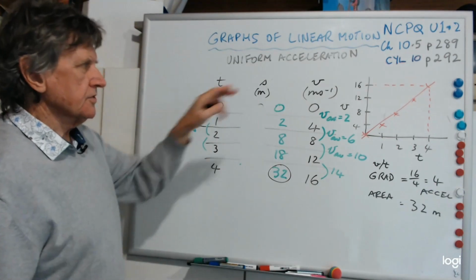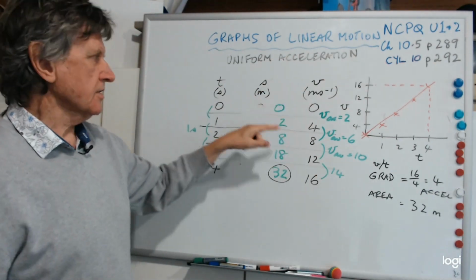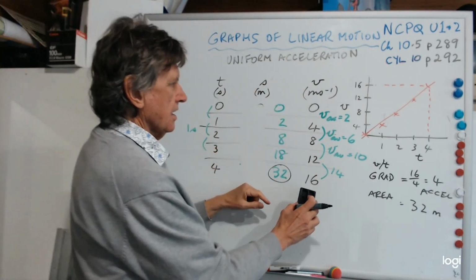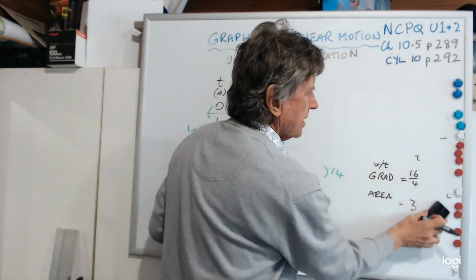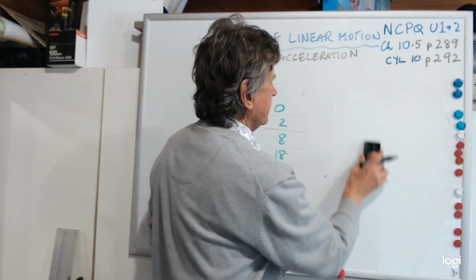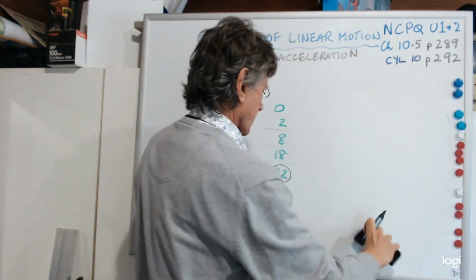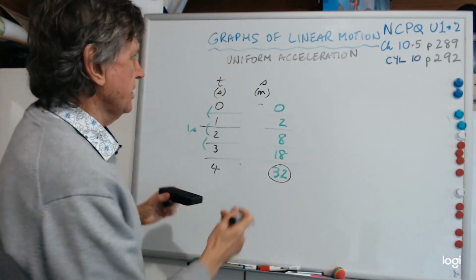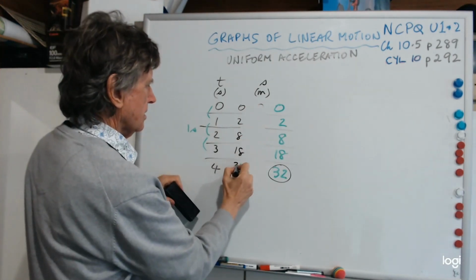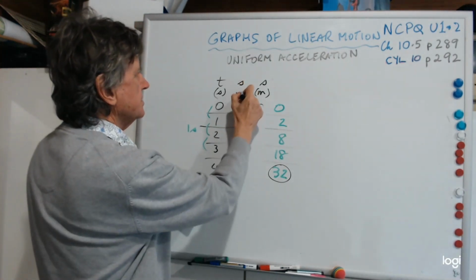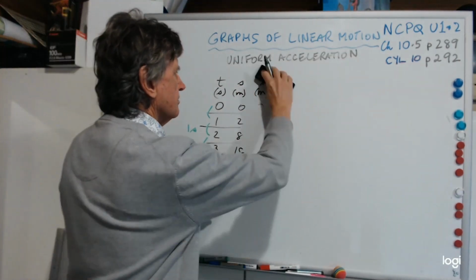Now look, I'm going to rub most of this out so I can plot these two things, and so just forget about that for a minute. If you're stuck, you can go back and look at the video. Now look, I need a bit more room here. I'll just write this over here. So that's S in meters. Okay, I can rub all this off.